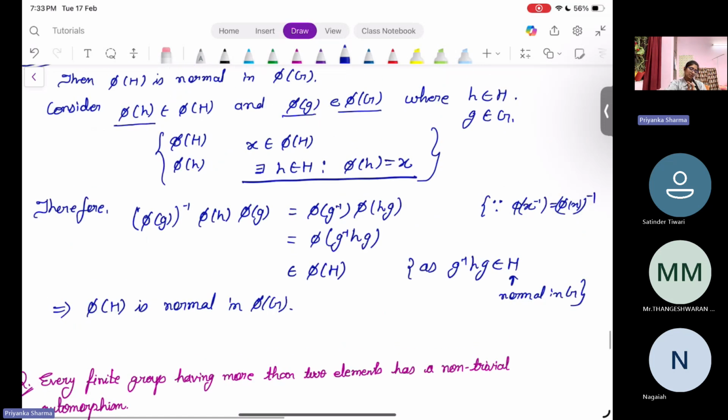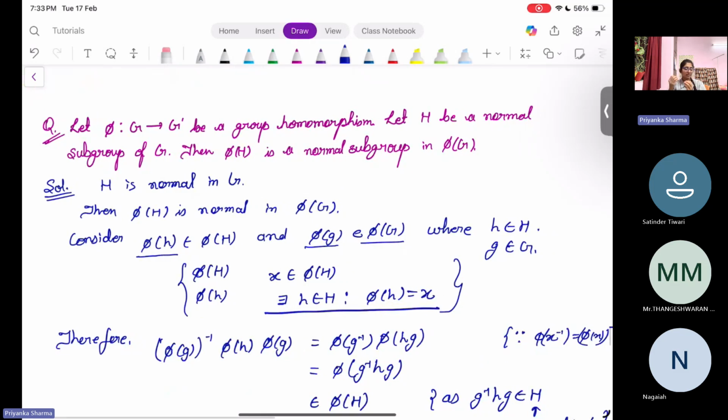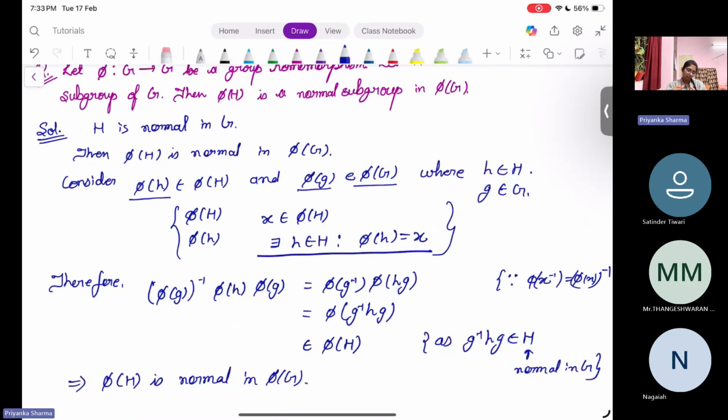This is actually the theoretical part. H and G, we assume them in an abstract sense. That's why we use this theorem kind of thing to prove that phi of H is a normal subgroup of phi of G. Whenever we have some practical examples, other than abstraction, there can be some tricks or some equivalent definitions to check whether a subgroup is normal or not.